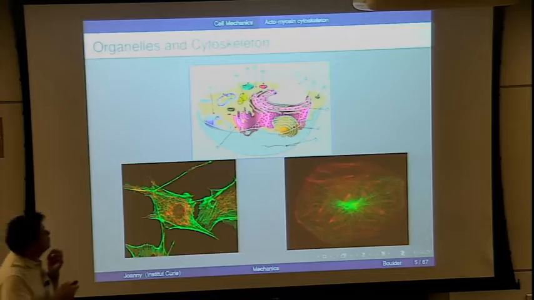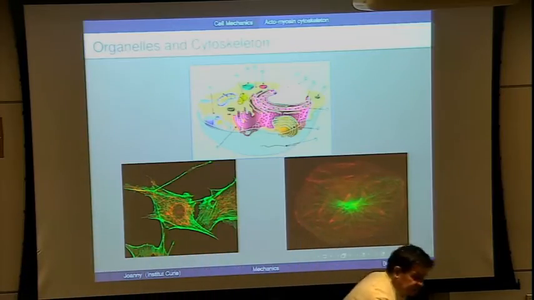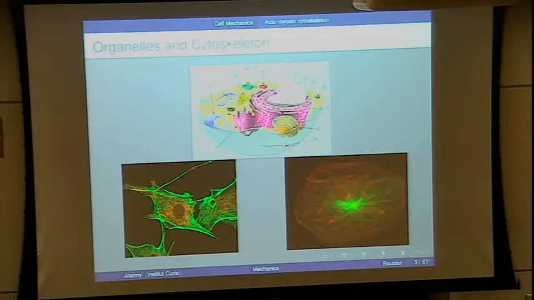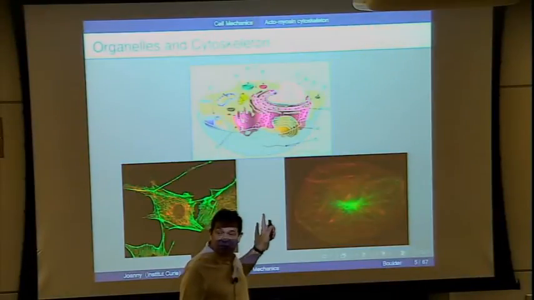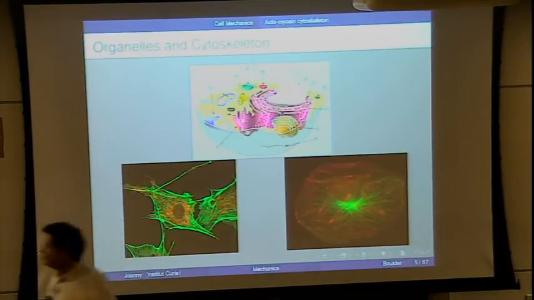I will focus on the space between the organelles, which is called the cytoplasm. And inside these cytoplasms, you have filaments, and these are these filaments that control the mechanical properties of the cells. This system of filaments is called the cytoskeleton.